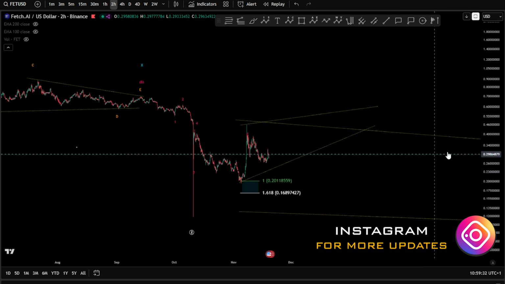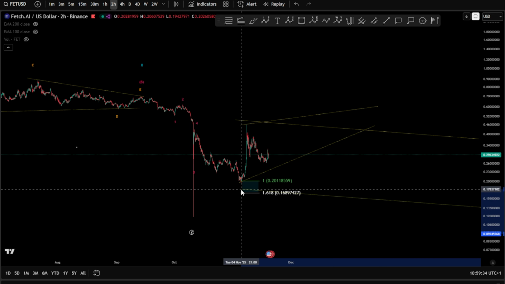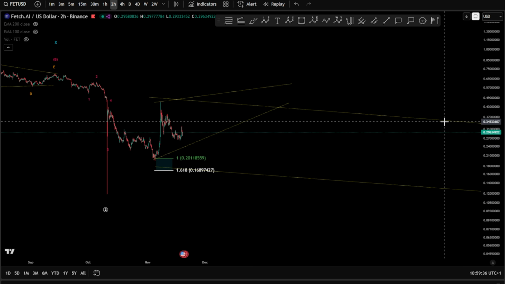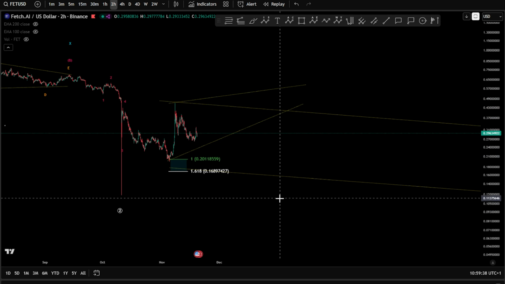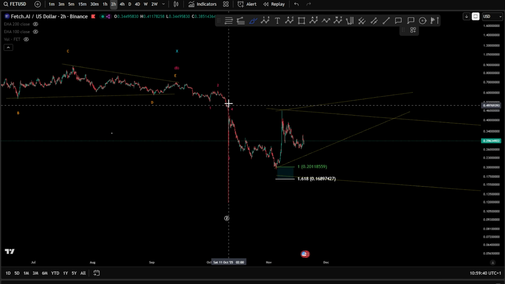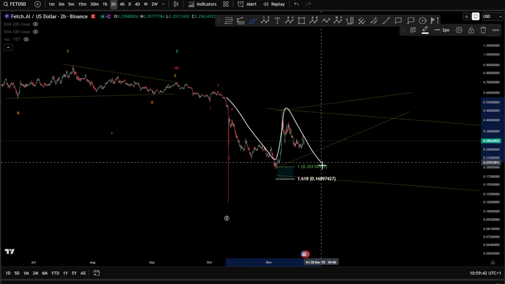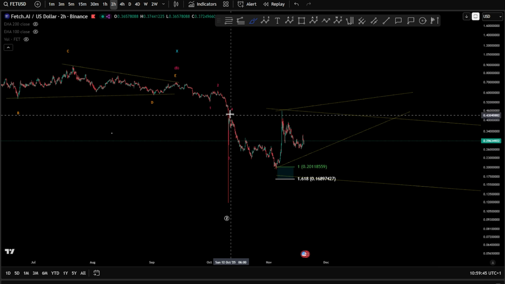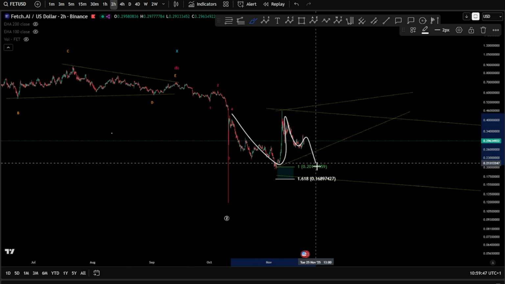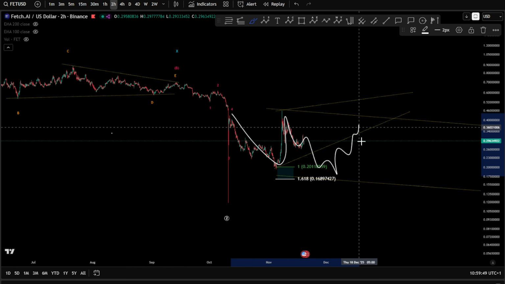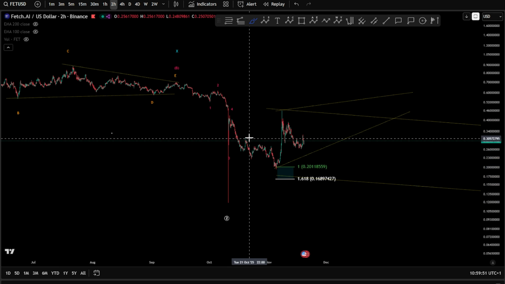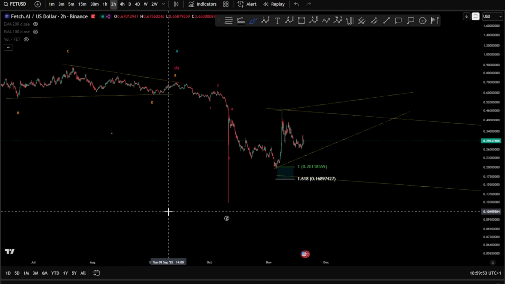Of course, a diagonal toward the downside can still have a place here for the FET, where you might still range a little bit longer. You might have here potential 1, 2, 3, 4, 5, and this is where you would like to see an impulse toward the downside for FET, and another impulse for wave 5 due to the impulse as well here.